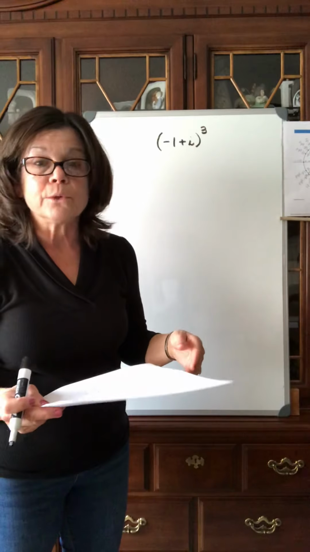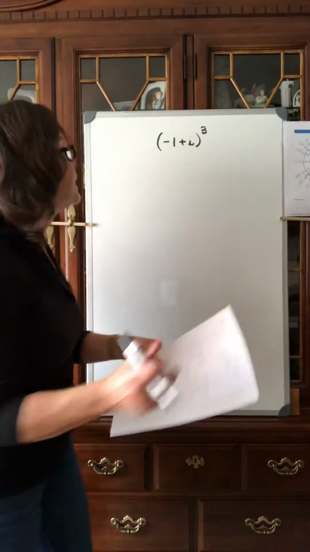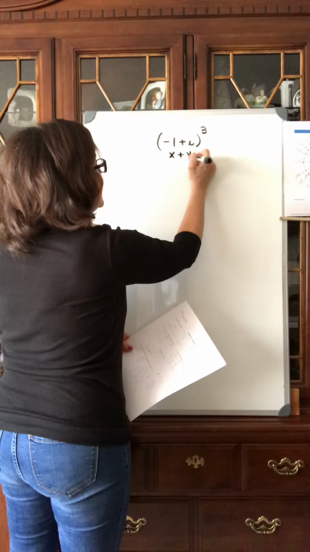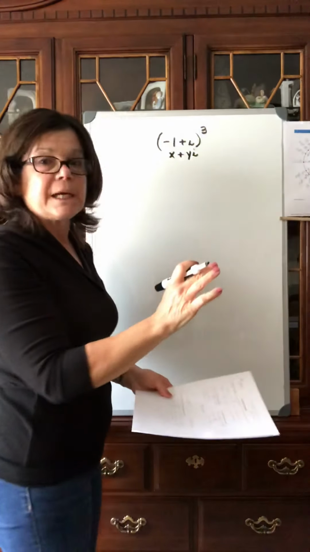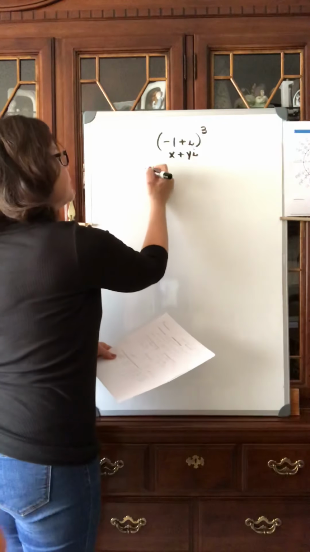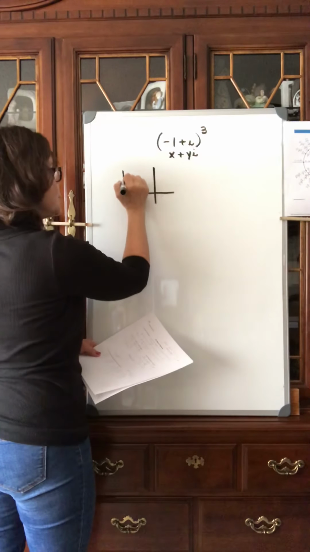So this is a review of 2 days ago, trig form of a complex number. This is going to be your x plus yi, or a plus bi. Because x is negative and y is positive, we would have this triangle in quadrant 2.